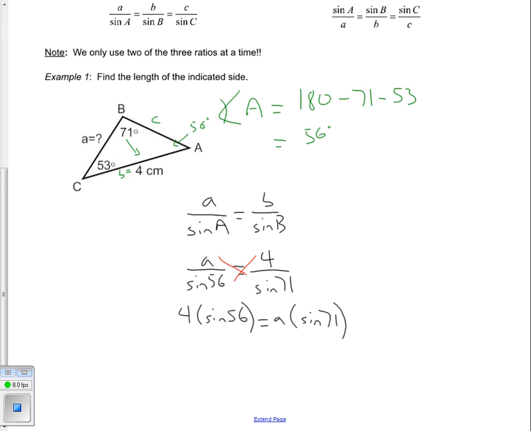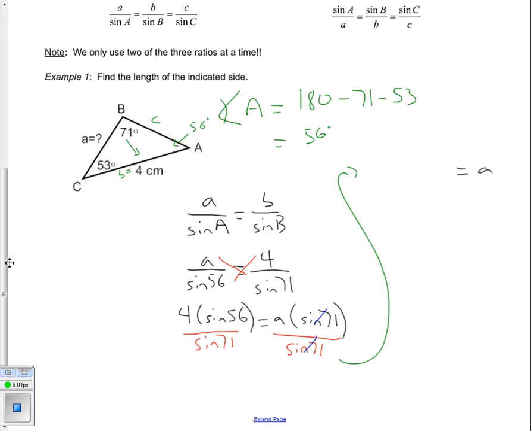Again, I want to get sine 71 away from the A because A is being multiplied by sine 71. So the opposite of multiplying by sine 71 is actually dividing by sine 71. If I do that on the right-hand side of the equal sign, I must also do it on the left-hand side of the equal sign. Okay? And so we end up having A all by itself on the right-hand side of the equal sign because sine 71 divided by sine 71 cancels both of those things out.